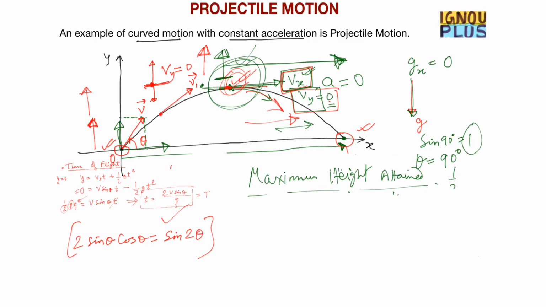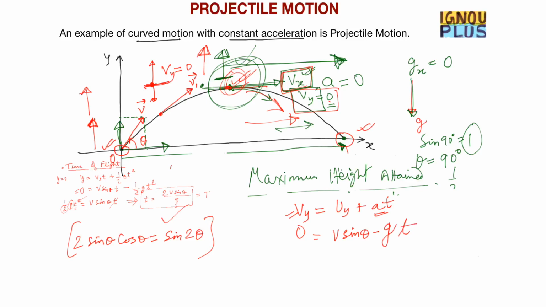So at the highest point the y component of velocity is actually 0. So when we use this formula that Vy is equal to uy plus at, v is equal to u plus at, then what do we find? We see that our initial velocity was V sin theta, and final velocity at the highest point is 0, and time is t, which we can replace by whatever the time is. Let me tell you that our a is minus g, so it will be minus g into t.